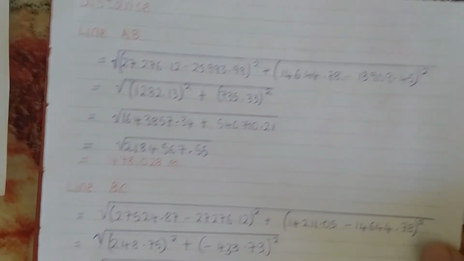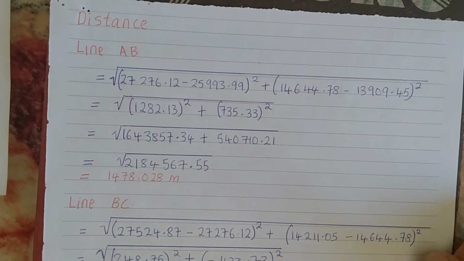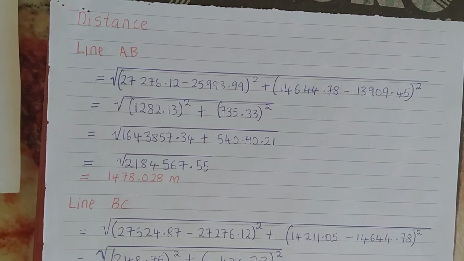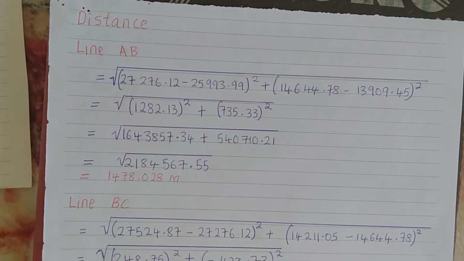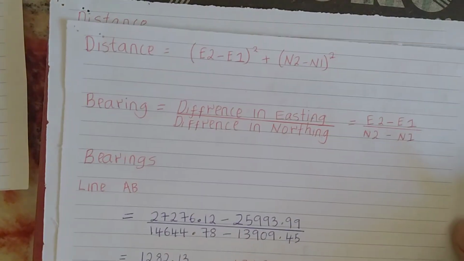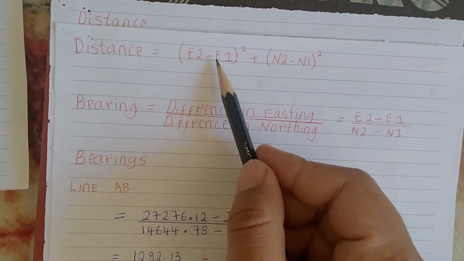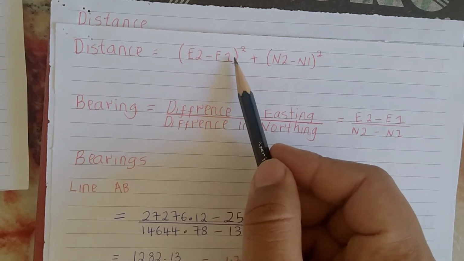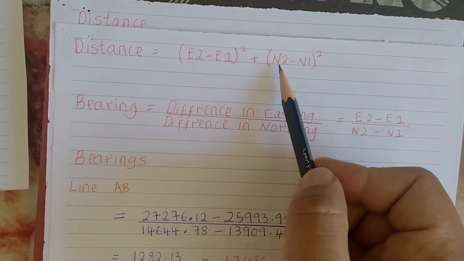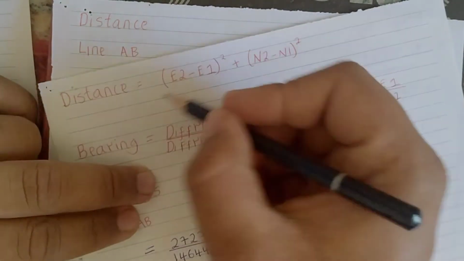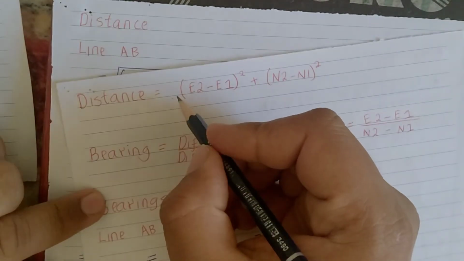Now we shall calculate the distances. I told you previously that if you want to calculate the distance, it equals the square root of easting 2 minus easting 1 squared plus northing 2 minus northing 1 squared.